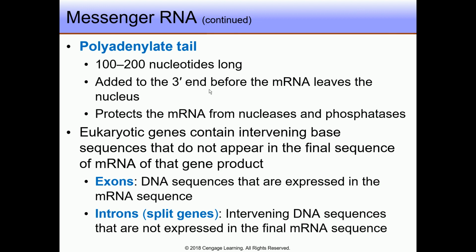If the mRNA gets degraded on the way, then no protein will be made. So the two ends of the mRNA are modified so the mRNA is not degraded on the way. It's a way of making mRNA more stable so that it can be translated.